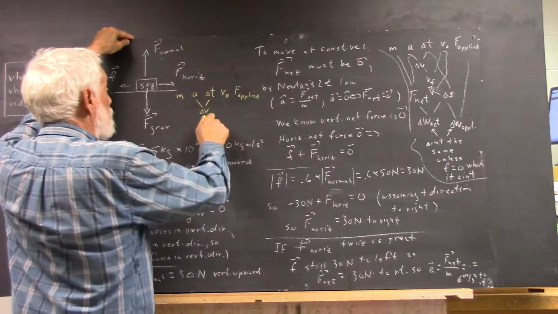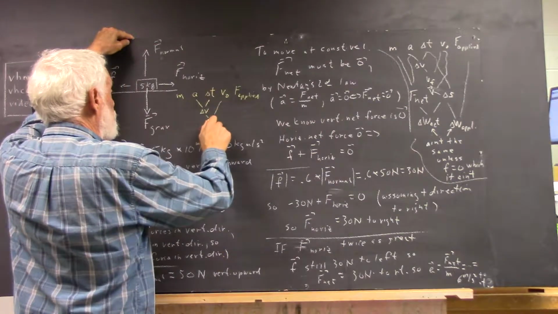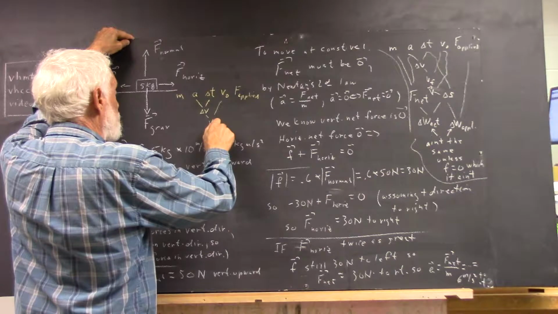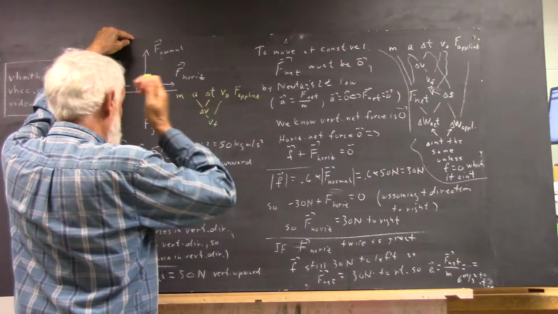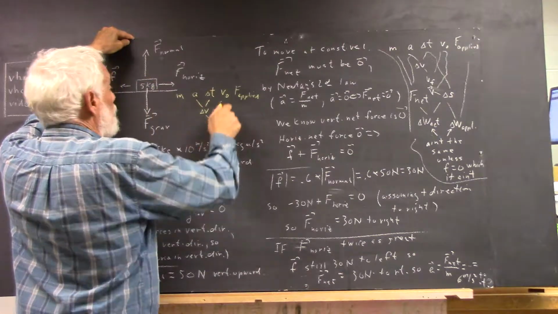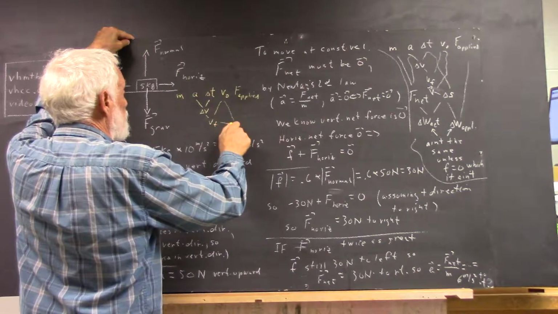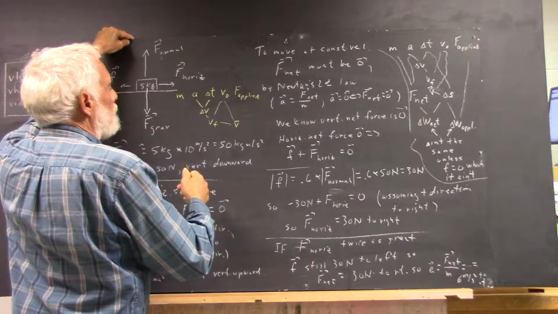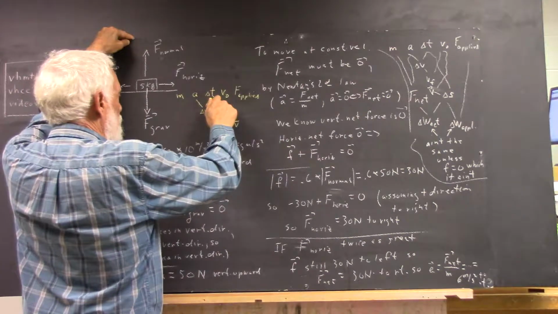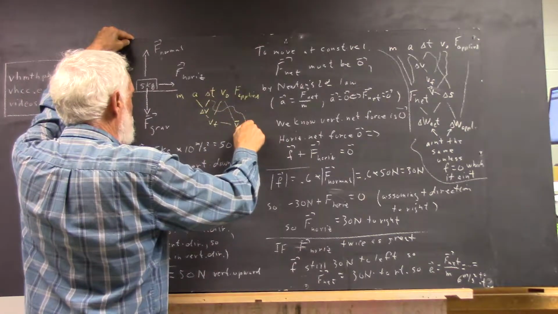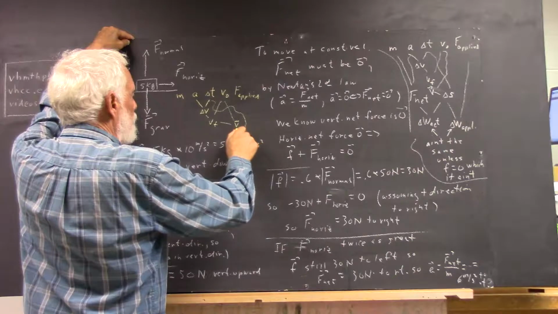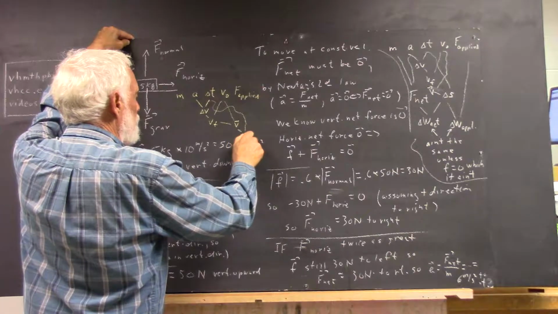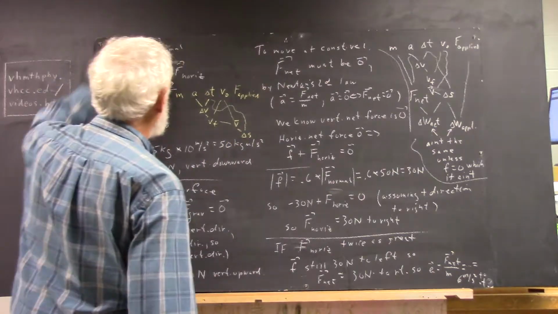We put our change in velocity together with our initial velocity, we get our final velocity. And of course then we can put our initial and final velocities together to get our average velocity, which we can then multiply by delta t to give us our displacement.